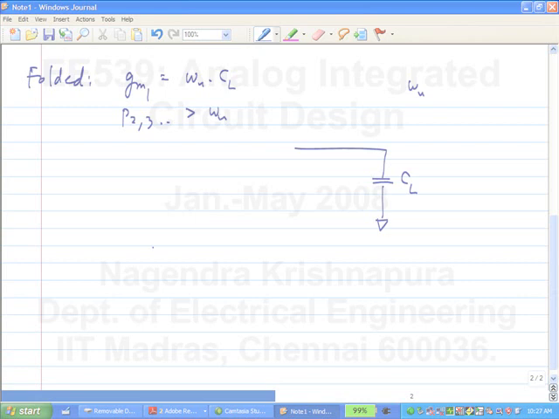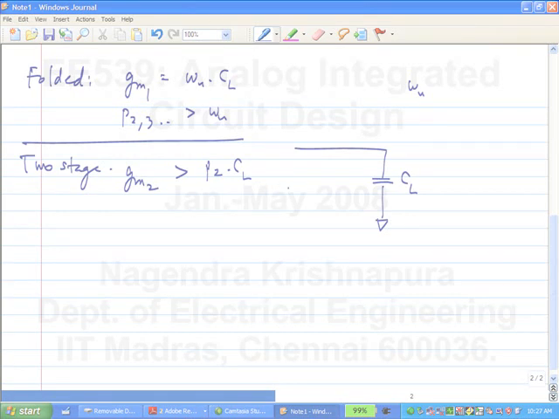Now in the two stage, P2 is GM2 by CL, roughly speaking, so GM2 must be greater than P2 times CL, right?